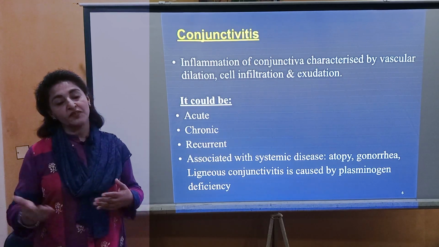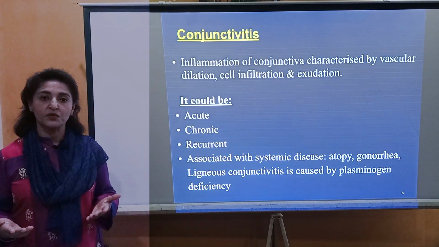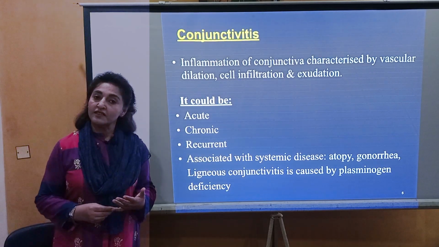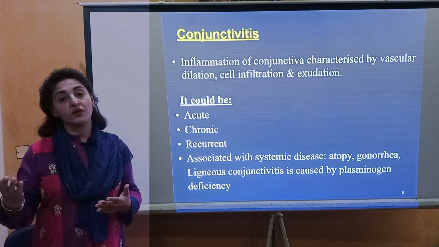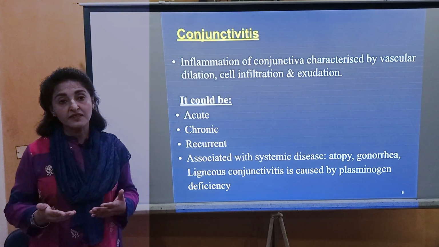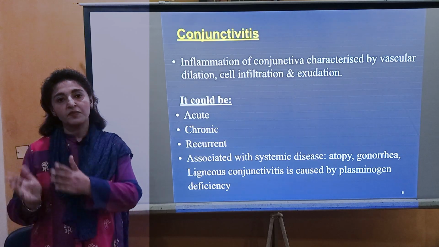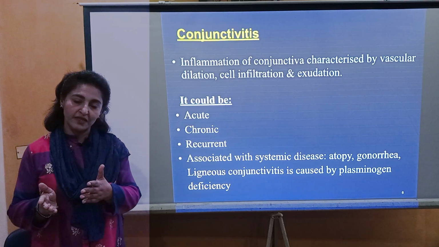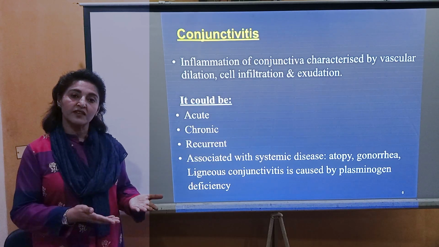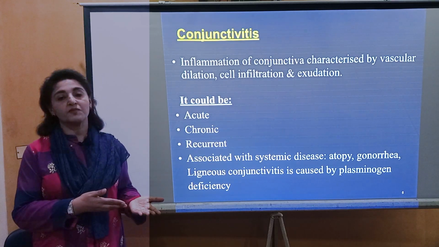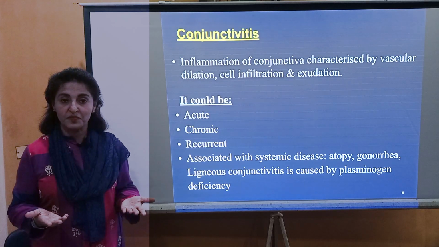Acute would be if it presents only for a few days and is self-limiting. Chronic is if it has been going on for weeks or months, and recurrent that the episodes appear during a particular season and then they clear up, and then during the year it comes up again, or every year the patient has a problem.